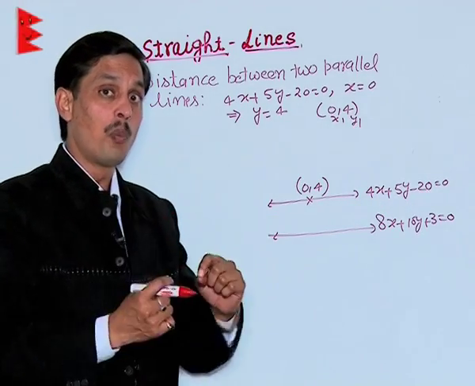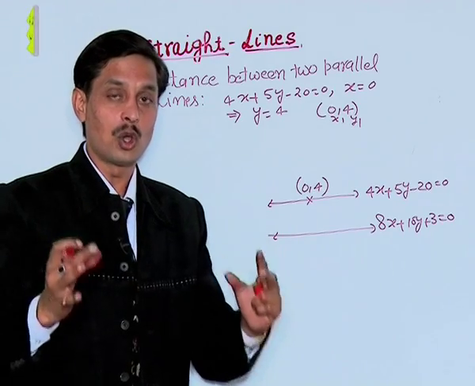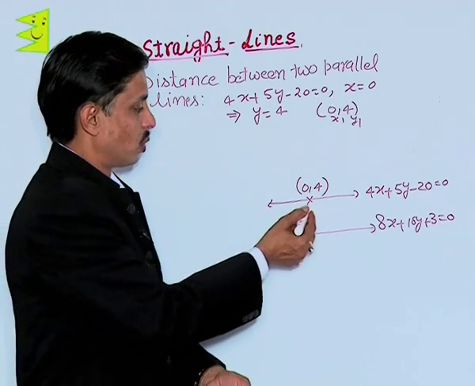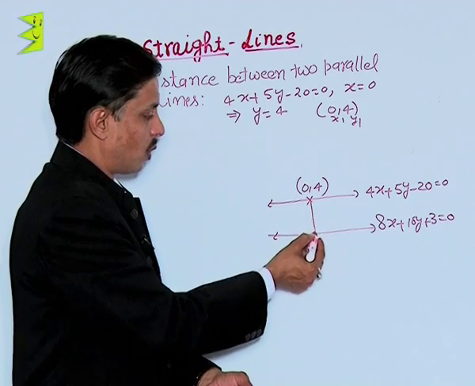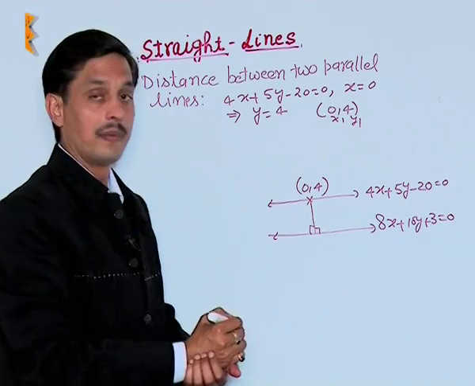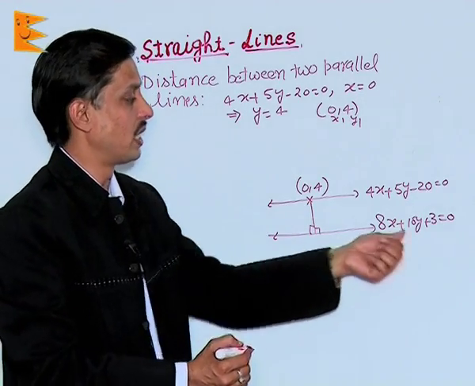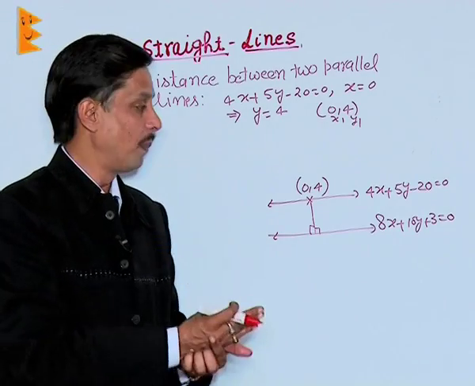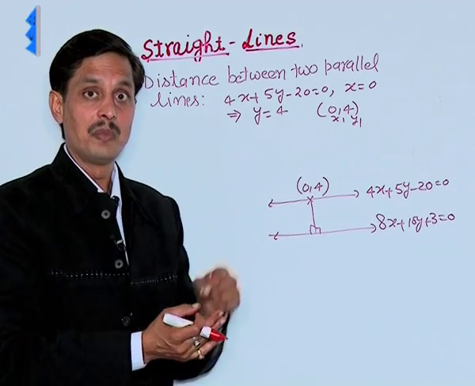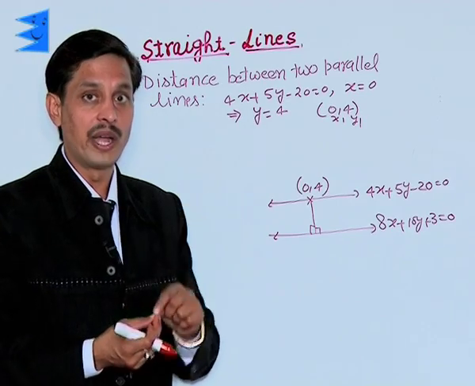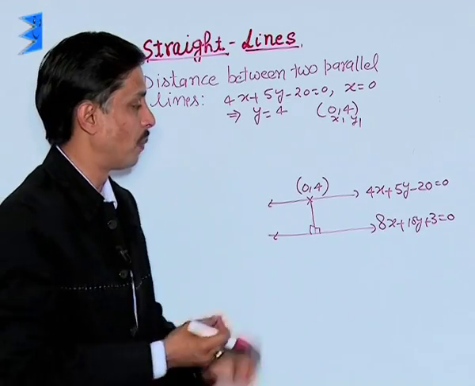And between two parallel lines, the distance is always equal. So that's why, from (0, 4), we will find the distance to the second line with the help of the previous result, that is, the method of finding the distance of a line from a point.